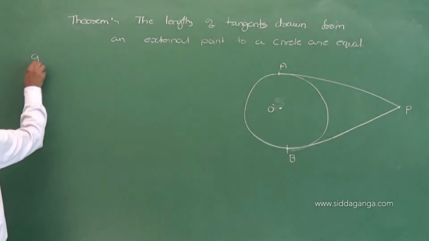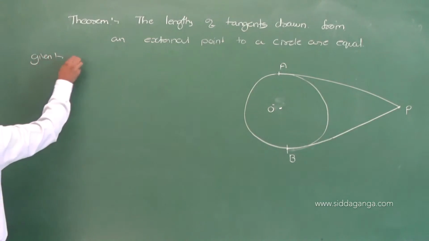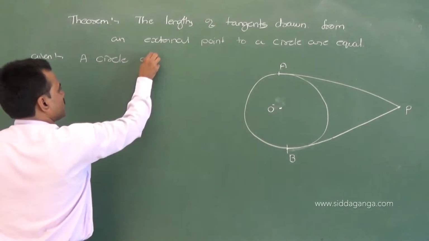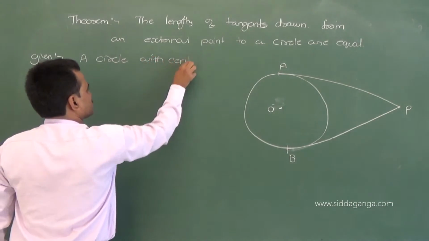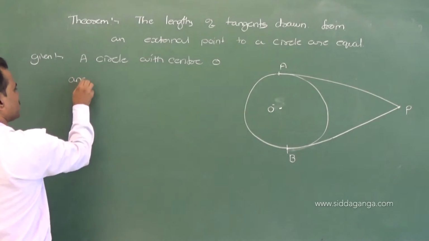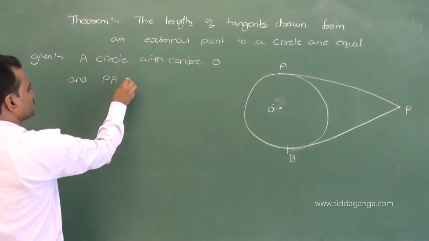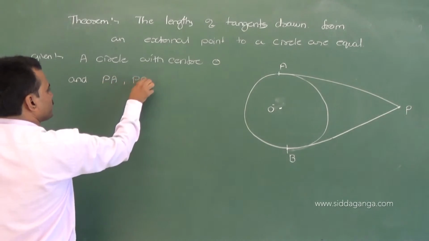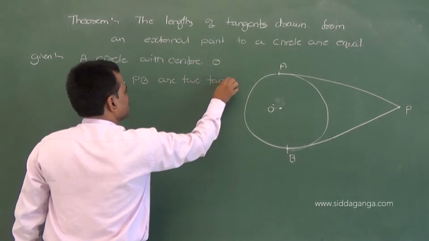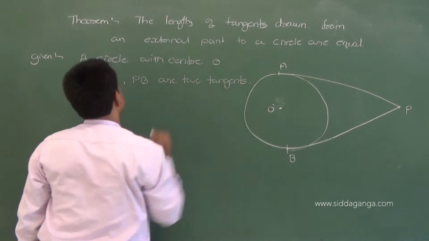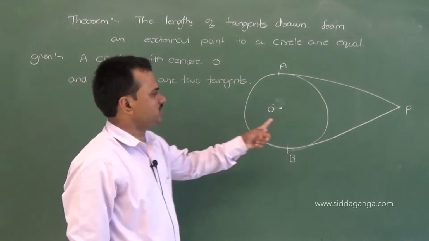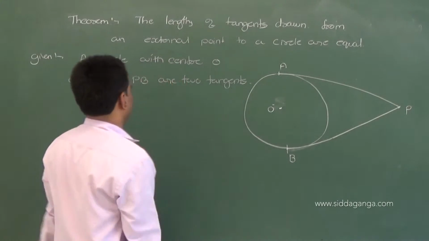Given a circle with center O and PA, PB are two tangents. PA and PB are the two tangents. This is given.